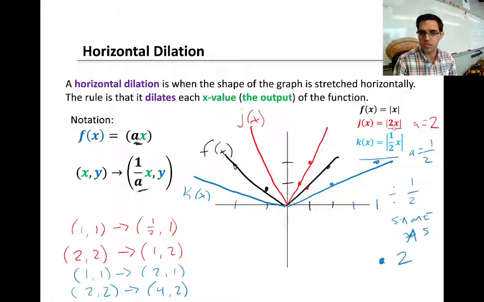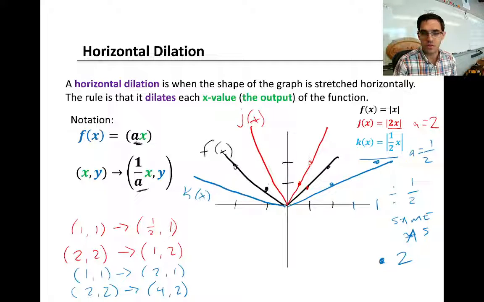So for example, j of x has a 2 for its a value. It's a horizontal dilation because the 2 is inside the brackets, or in this case the absolute value symbols. And we're going to divide by 2, divide the x value by 2 to get our new image, or our new horizontal dilation. So 1/2, 1 would be a point on our j of x function. 2, 2 is parent function, so divide the x value by 2, we get 1, 2.